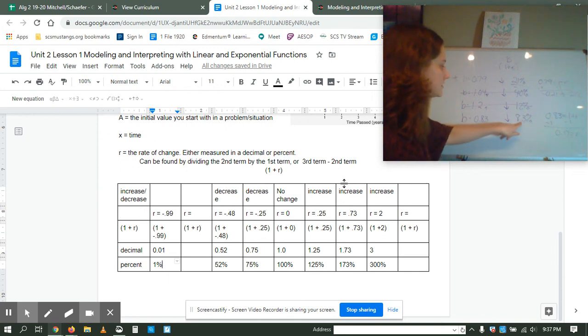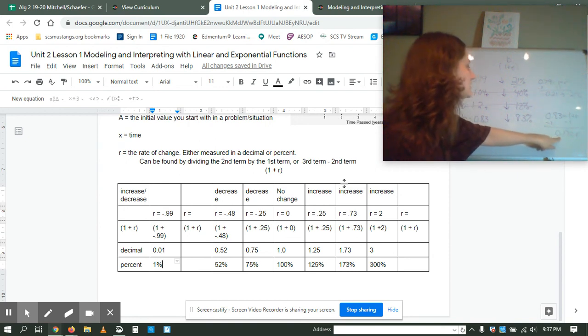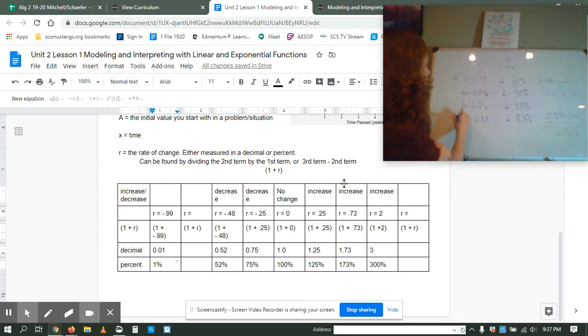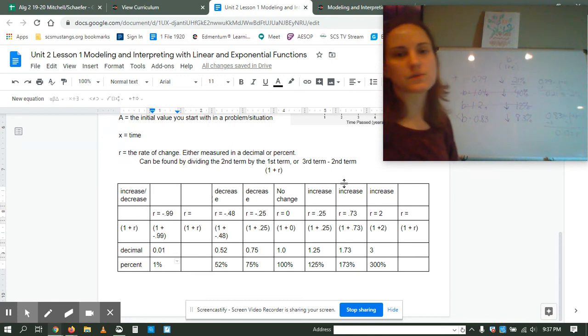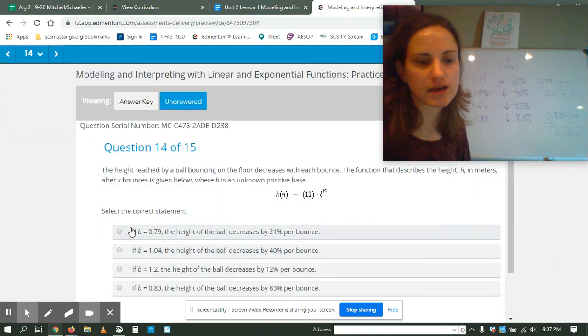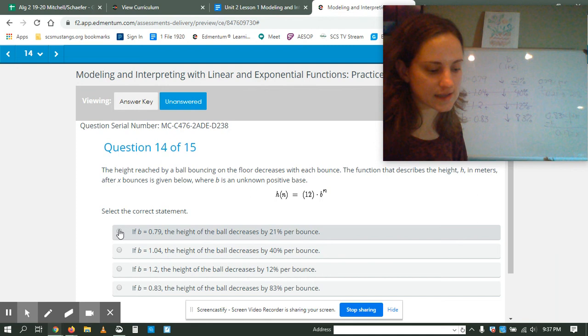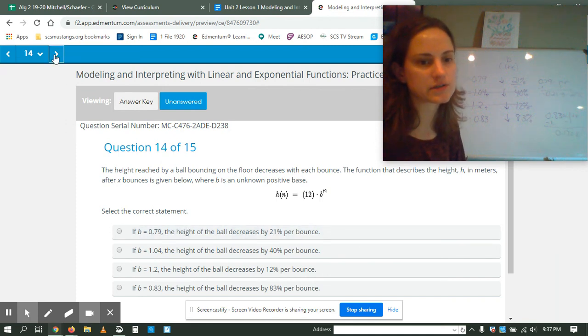If my b value is 0.83, it's going to be a decrease of 17%. So that one's not going to be it. So the very first one that we were looking at for that problem, the 0.79, is a decrease of 21%. That's going to be our answer for 14.